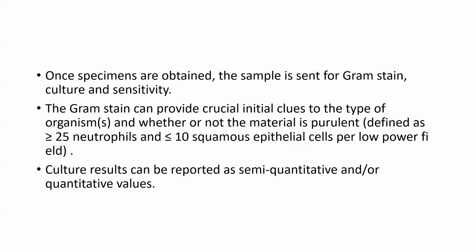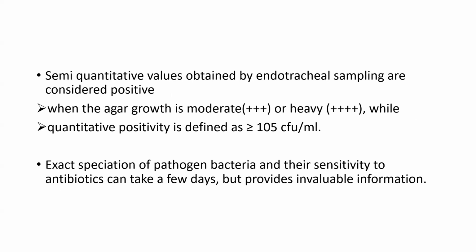So once the specimen is obtained, we need to send it for gram stain, culture and sensitivity. If the nature of the secretion is purulent, that is, if there are more than or equal to 25 neutrophils or less than 10 squamous cells, then the nature is mostly purulent, and further we can report it as semi-quantitative or quantitative.